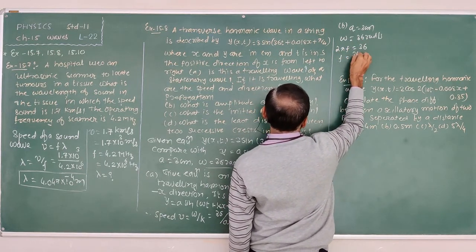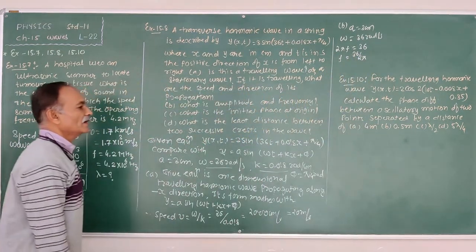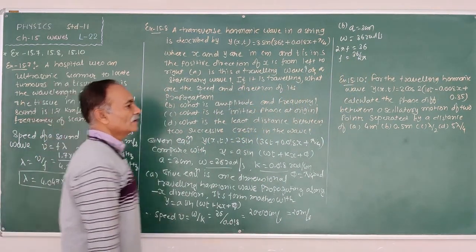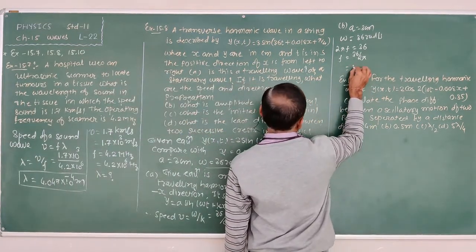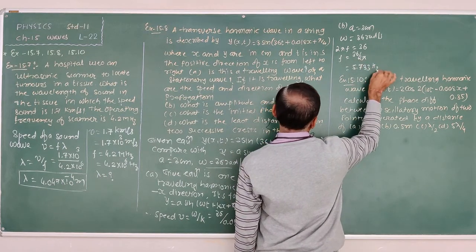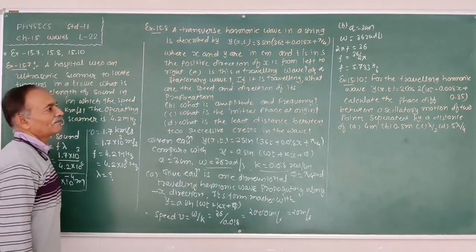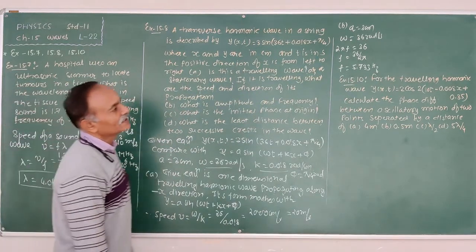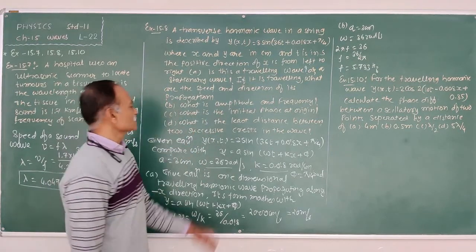Therefore, f is equal to 36 upon 2 pi, which is 5.733 hertz or second inverse. That is the frequency.